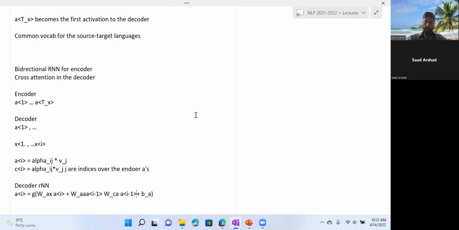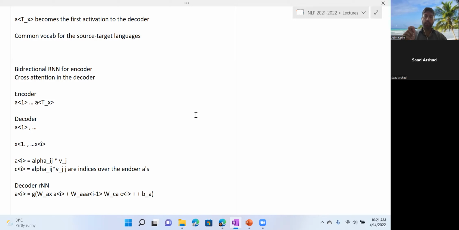Oh sorry, it will not be A, this is C. Okay. This is the context which we generated through cross attention at this step, with respect to the previous step. So this is not a dash either. Okay. So this now becomes the equation for the decoder, which has that cross attention mechanism included in it, and it has its own parameter, which is Wac.